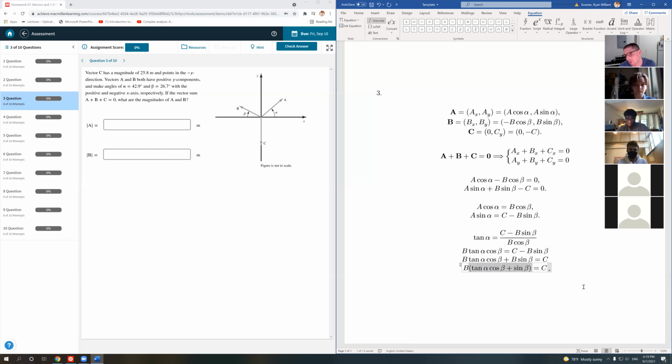Because this is just some number. After you evaluate, you plug this stuff into your calculator, and then you divide both sides by this part of the expression that I've highlighted, and you get something for B, right? You can get a number for its magnitude.